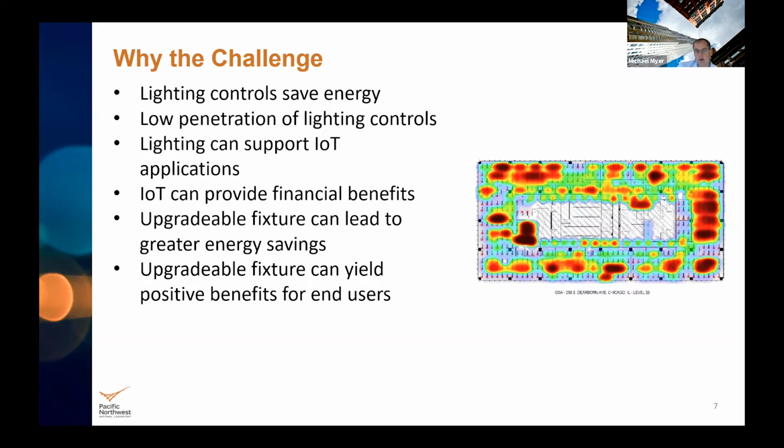That makes them harder to host a sensor. It doesn't have to be a light sensor, but any type of sensor. The other advantage is that the light fixture is physically big enough to easily hold that sensor. So you aren't having to deploy sensors in separate places. You can do it all through the same fixture, getting that double benefit, as well as not making the ceiling super ugly.